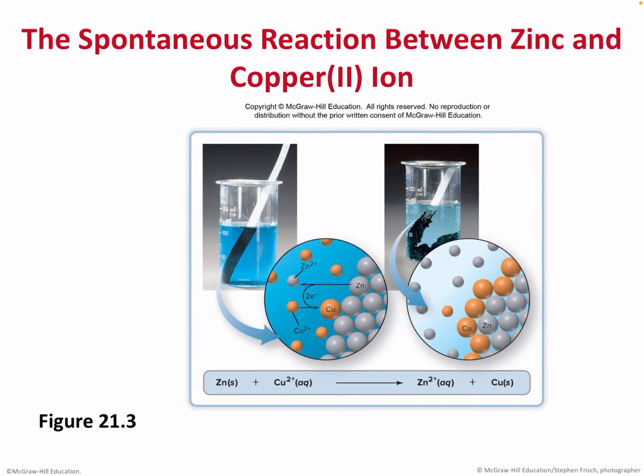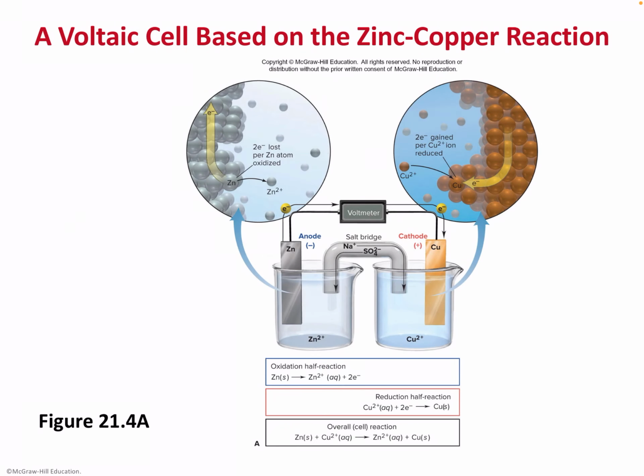In this diagram, you are seeing zinc and the copper, both of your half reactions, in the same container. Now we are going to separate them. Over here, they have been separated. You have a zinc strip in a zinc solution, and you have a copper electrode in a copper solution.